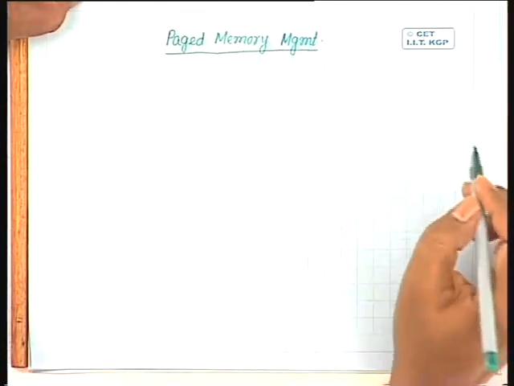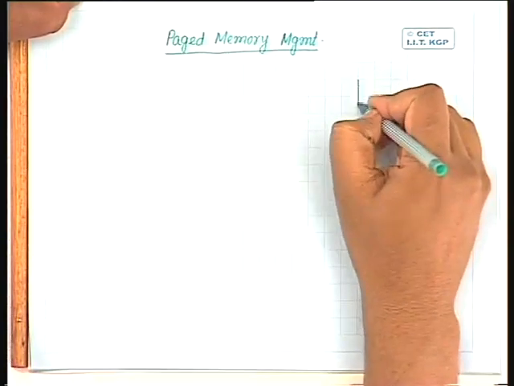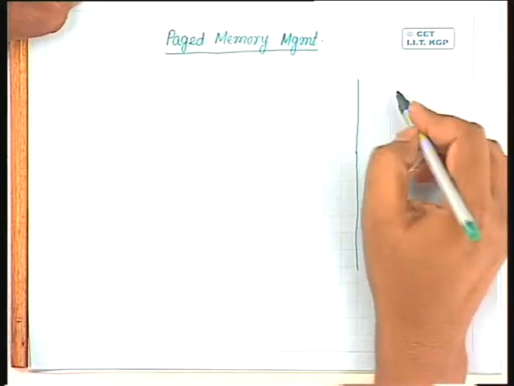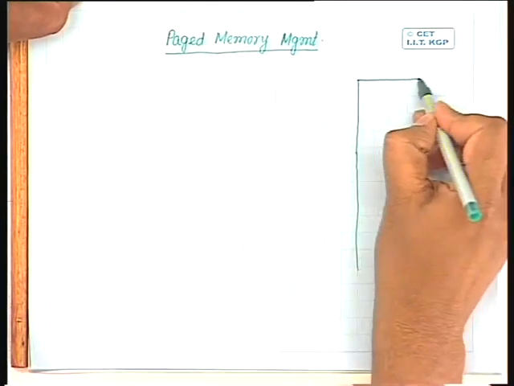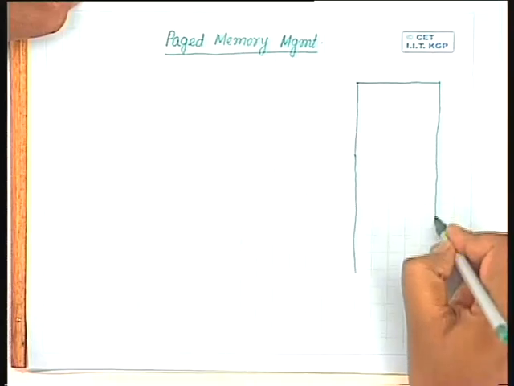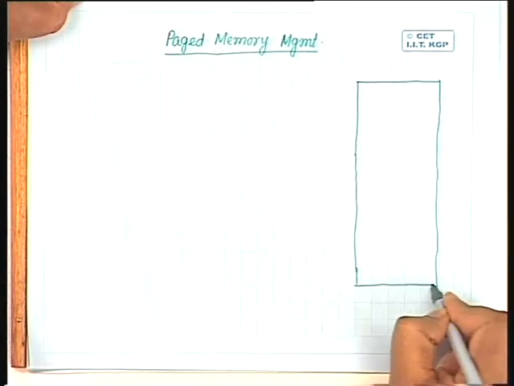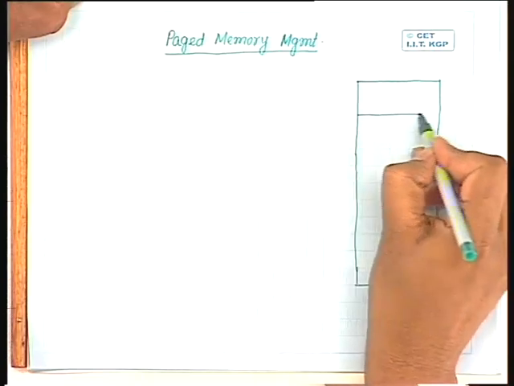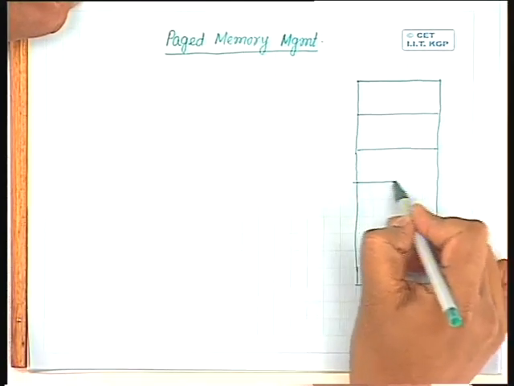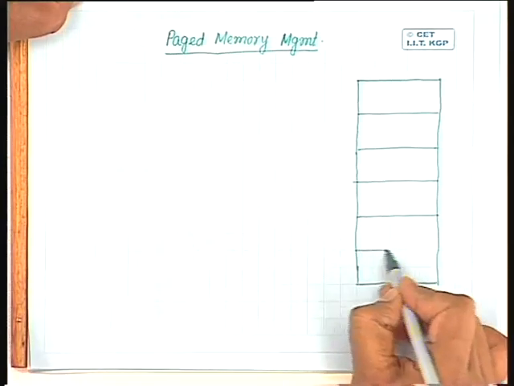In case of paged memory management, the main memory is divided into a number of partitions, where unlike in the previous case of MFT, where different partitions can be of different size, we assume that every partition is of the same size. So I pre-partition the main memory into a number of frames.